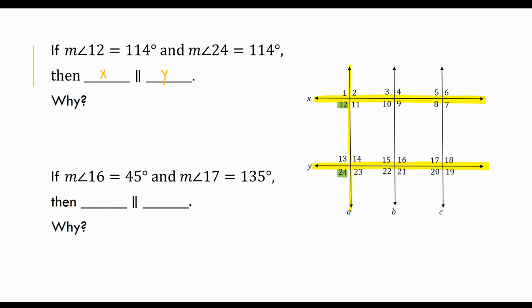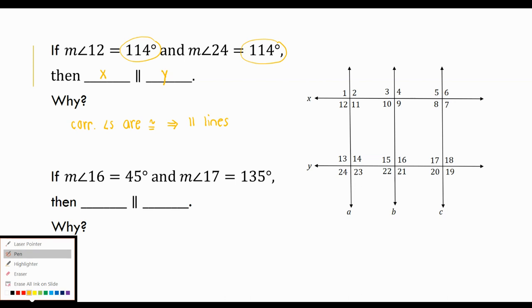Well, based off of the information, notice that 12 and 24 are on the same side of the transversal. One is interior and one is exterior. So these are corresponding. Given the measurements, they are congruent. So when I have corresponding angles that are congruent, that is enough information to then give us parallel lines.